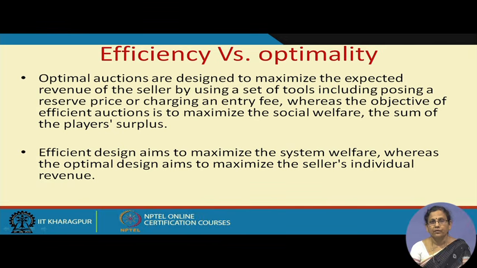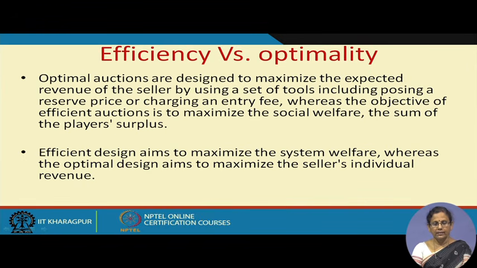Now, coming to efficiency versus optimality, different situations demand an efficient auction and some other situations demand an optimal auction. For example, optimal auctions are designed to maximize the expected revenue of the seller by using a set of tools including posing a reservation price or charging an entry fee, whereas the objective of the efficient auction is to maximize the social welfare, the sum of the players' surplus.